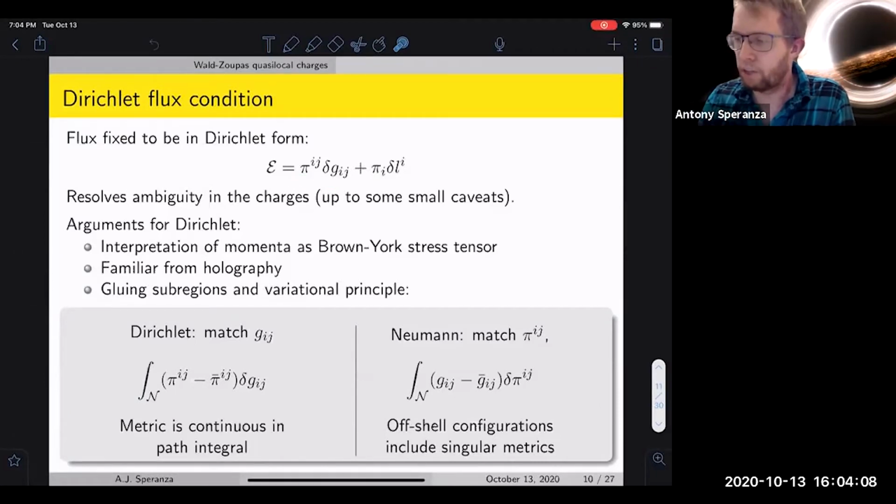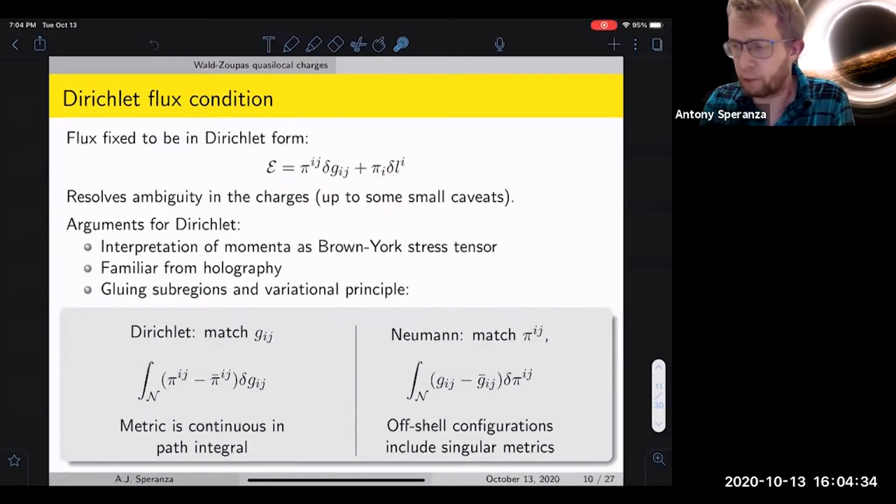And so imposing this Dirichlet form largely resolves the ambiguity of splitting into a total variation and a flux piece. There are some caveats that I think are most relevant when you're talking about asymptotic symmetries, which I can tell you more about towards the end if you want to ask. But we'll find for finite boundaries, this essentially fixes the form of the flux.